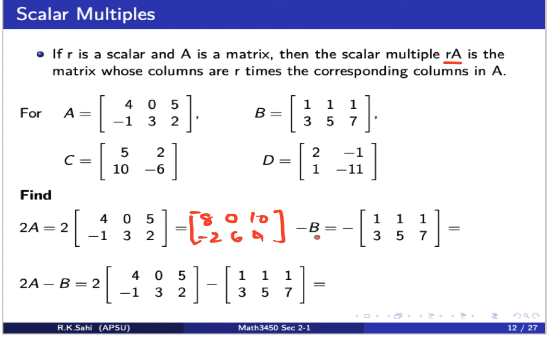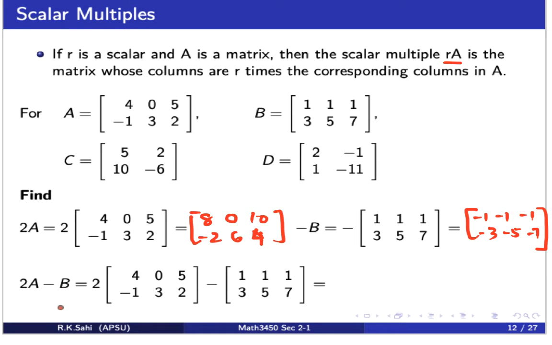Now let's multiply minus 1 to B. What will we get? Minus 1, minus 1, minus 1, and then minus 3, minus 5, minus 7. Now if I compute 2A minus B, basically first we are doing scalar multiplication and then we are subtracting matrices.